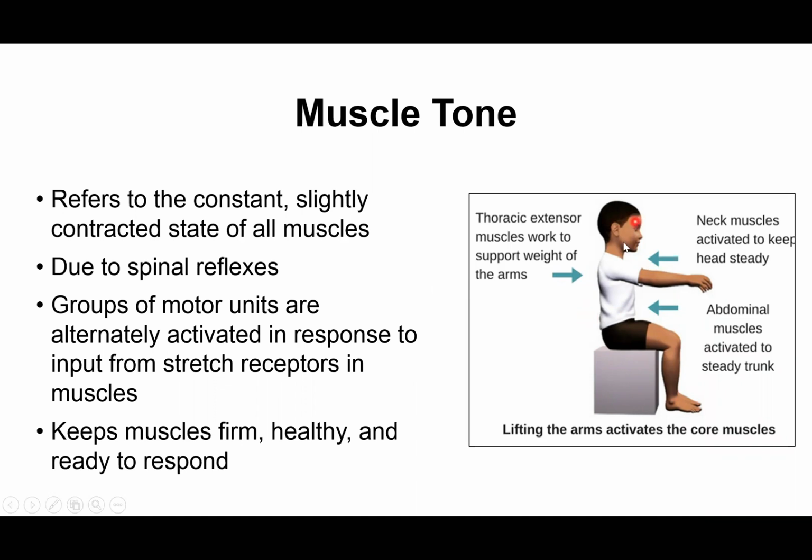We also have neck muscles that will be activated to help keep the head steady so that whenever we are lifting our arms, we don't fall forward or backwards or sideways. We are still able to maintain our posture. So this is the idea of muscle tone. All of the muscles in our body are slightly contracted essentially at all times.